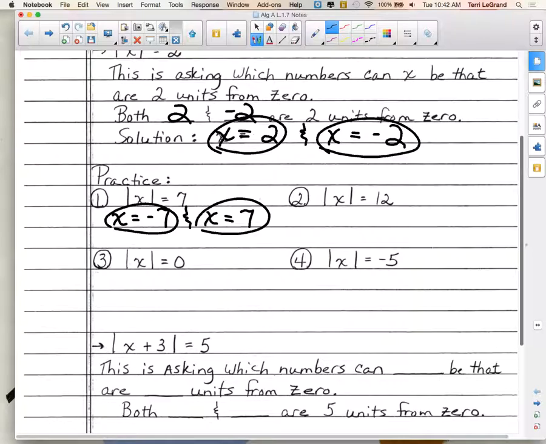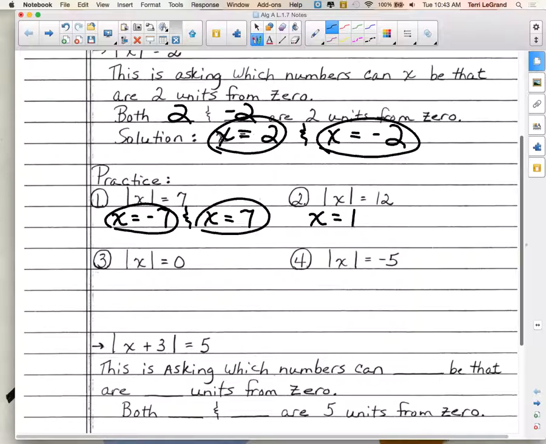Go ahead and write down what you think the solutions are for the next one, number 2. What do you believe the solution or solutions are for number 2? Do it on your own. Volunteer to share with me what you believe the solutions are for this one. Adam? A positive 12 and a negative 12.